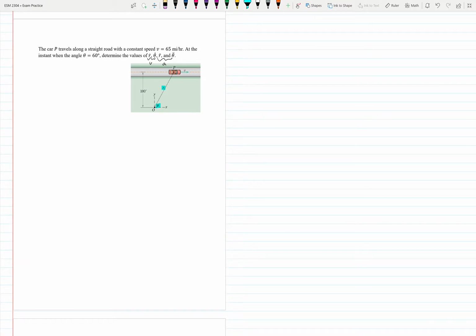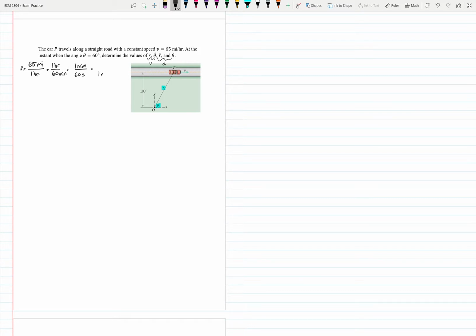So first, what we're going to do is convert the value we're given of velocity to something more standardized. So we know that our velocity is equal to 65 miles over 1 hour. And we know that 1 hour is equal to 60 minutes, and 1 minute is equal to 60 seconds.